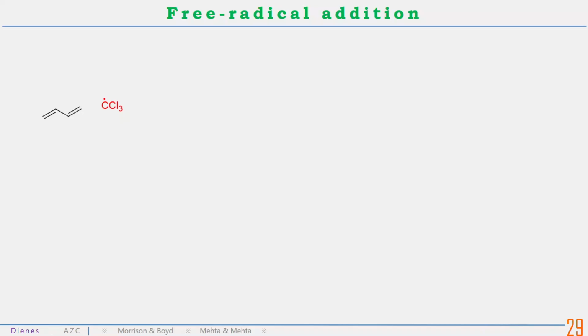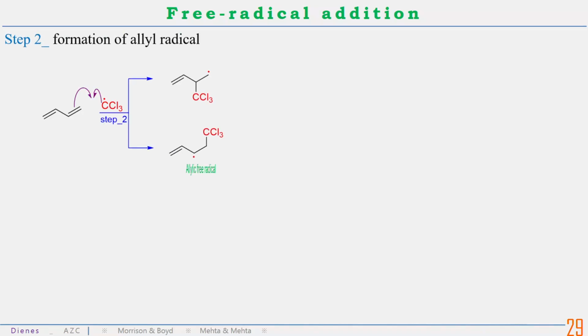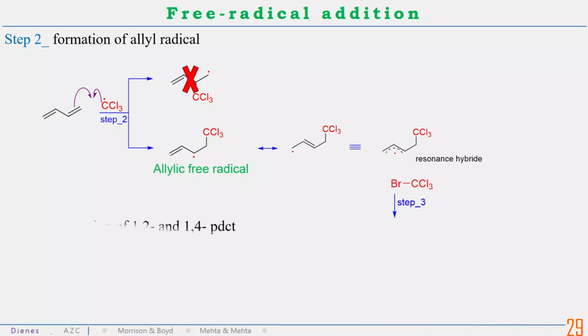Step 2 is the addition of the free radical to the carbon-carbon double bond. Here, the allyl radical is formed predominantly due to the resonance stabilization of the allyl radical. Now step 3. Formation of 1,2 and 1,4 addition products.